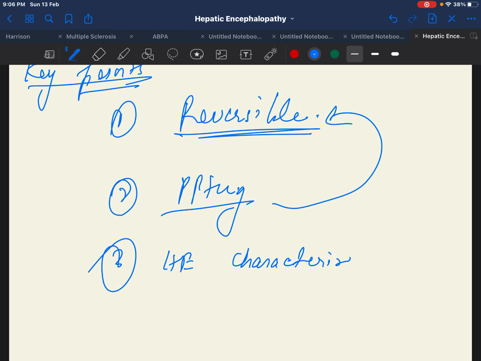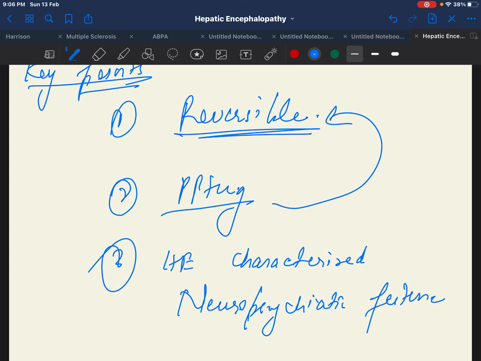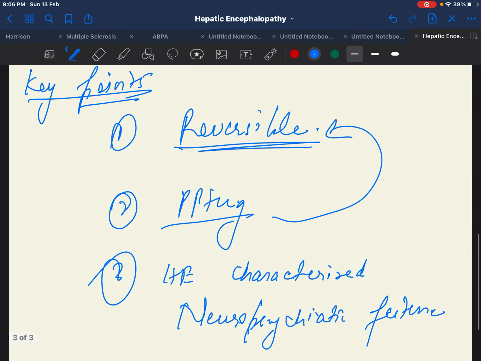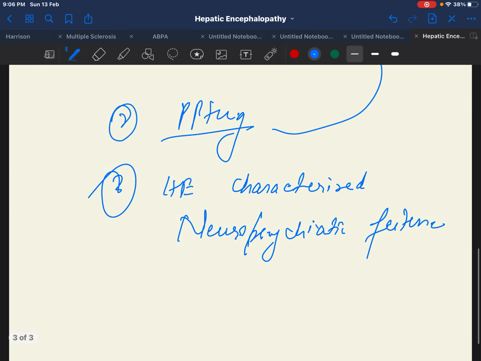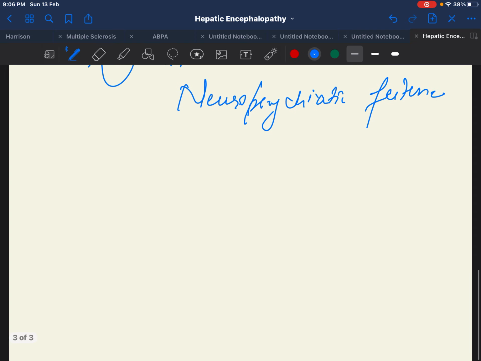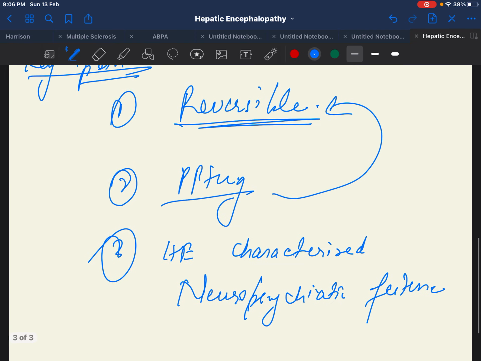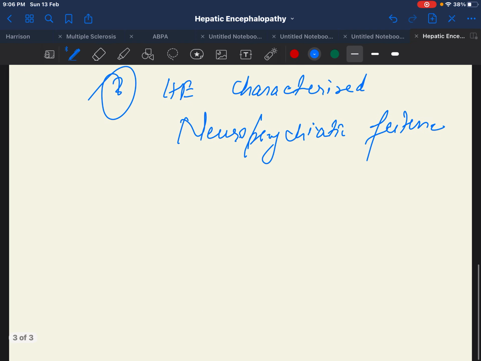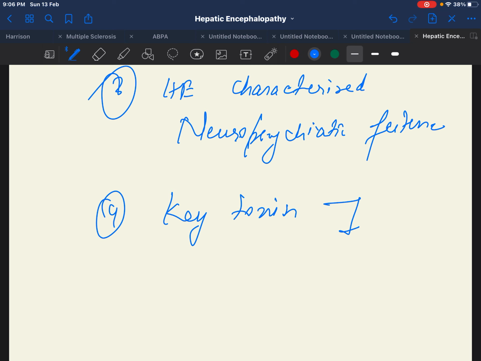And hepatic encephalopathy is characterized by neuropsychiatric features. And there are grading and types. The key molecule, or key toxin, which leads to hepatic encephalopathy is ammonia.